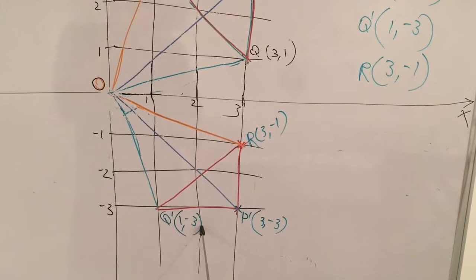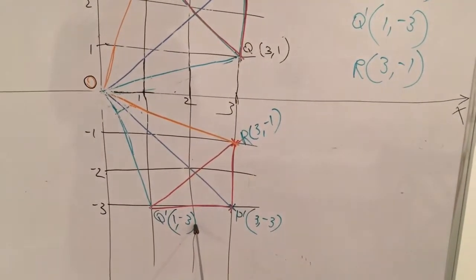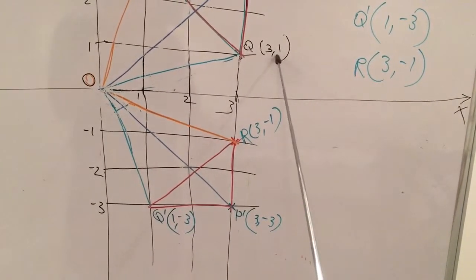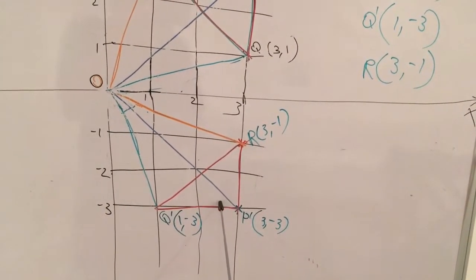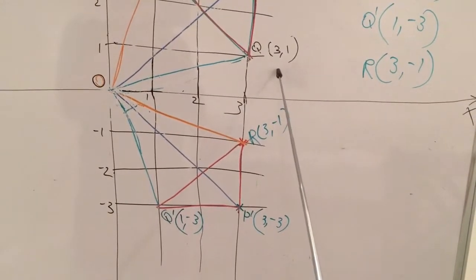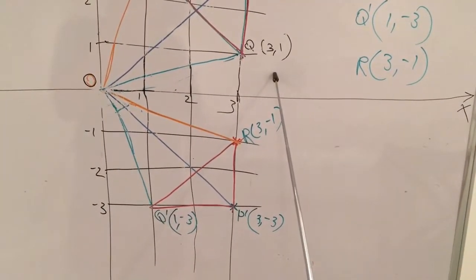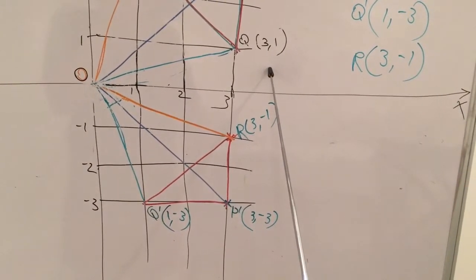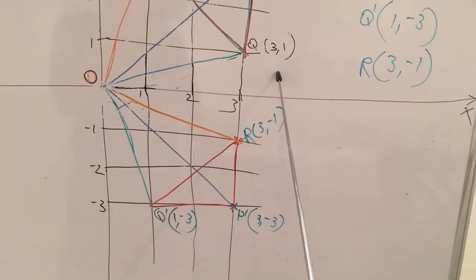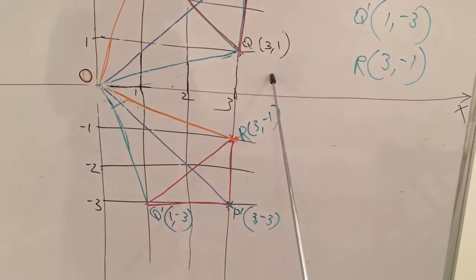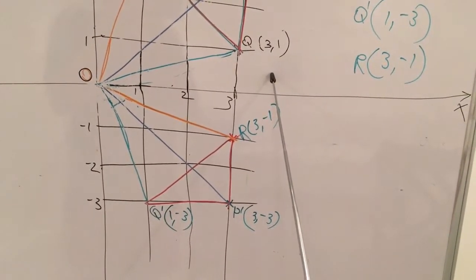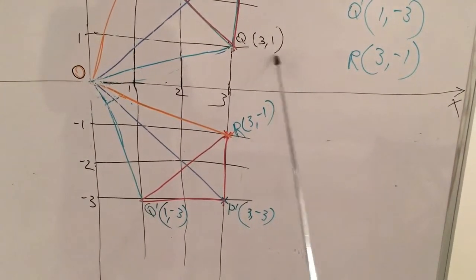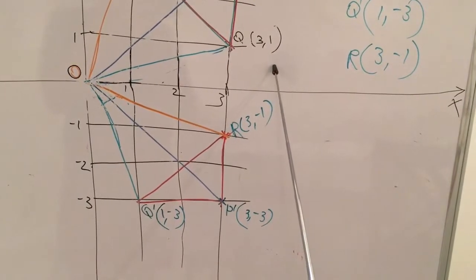So you can already see a pattern. Here it's 3, 1, here it's 1, negative 3, okay? So when you rotate a point 90 degrees to the right in a graph, you basically switch x and y and then multiply y with minus 1, right?